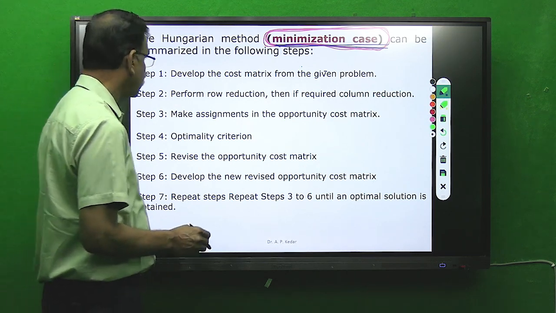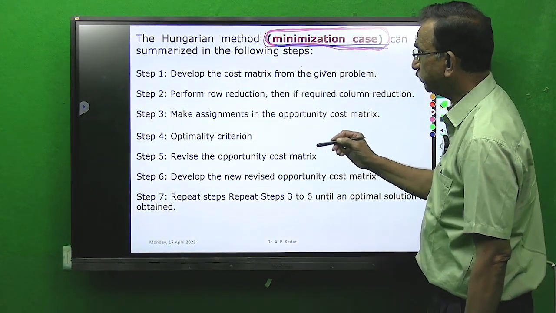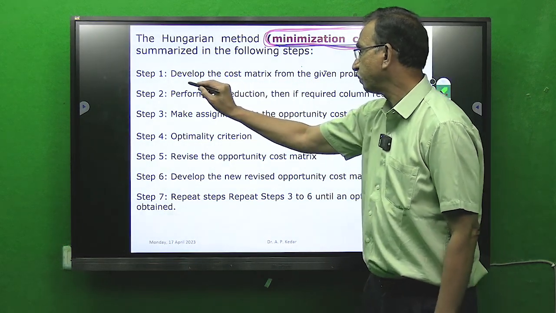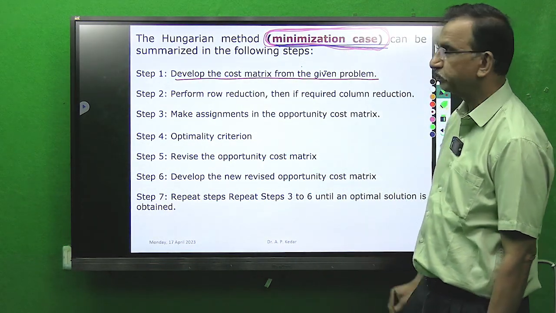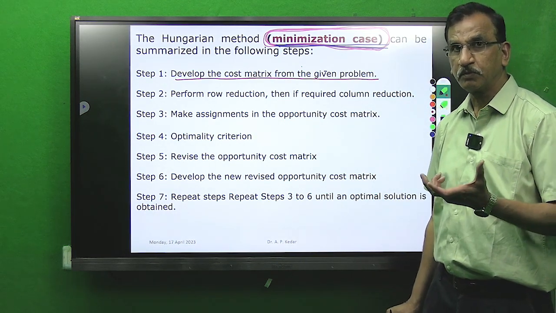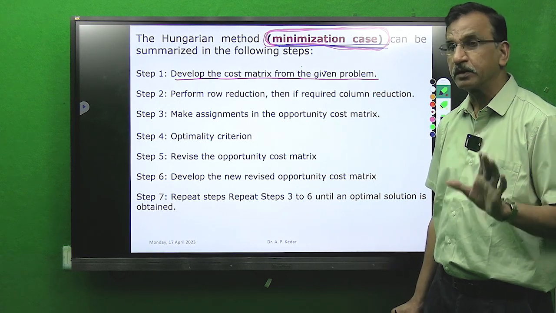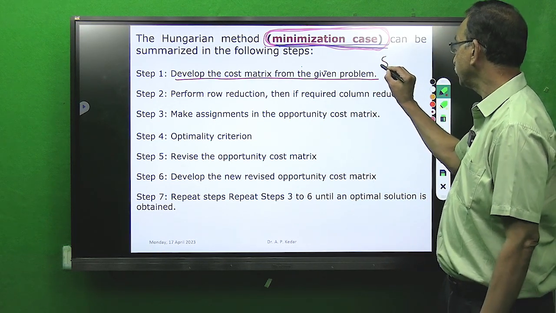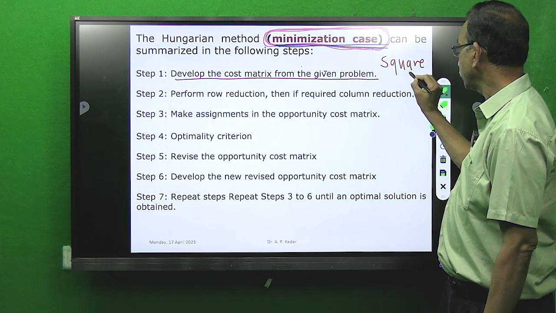Now, first step, develop a cost matrix from the given problem. Yes, you have to develop from the given data a square cost matrix. Square, what is the important condition? Square matrix.